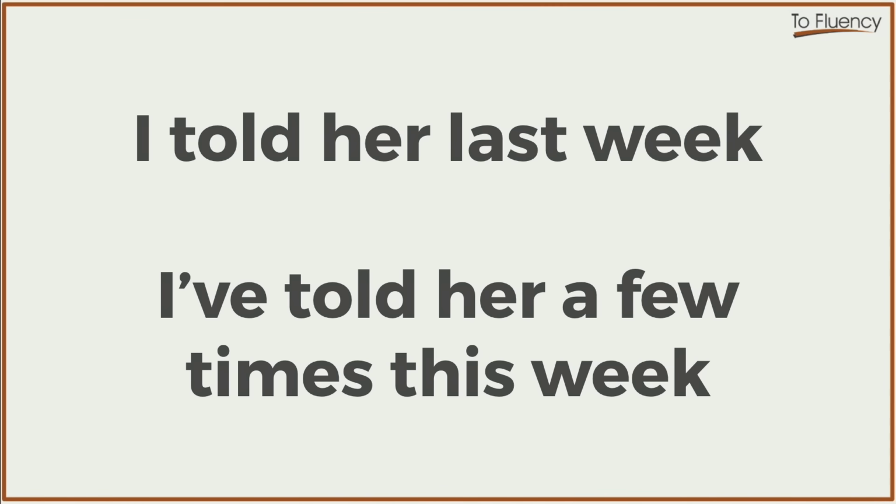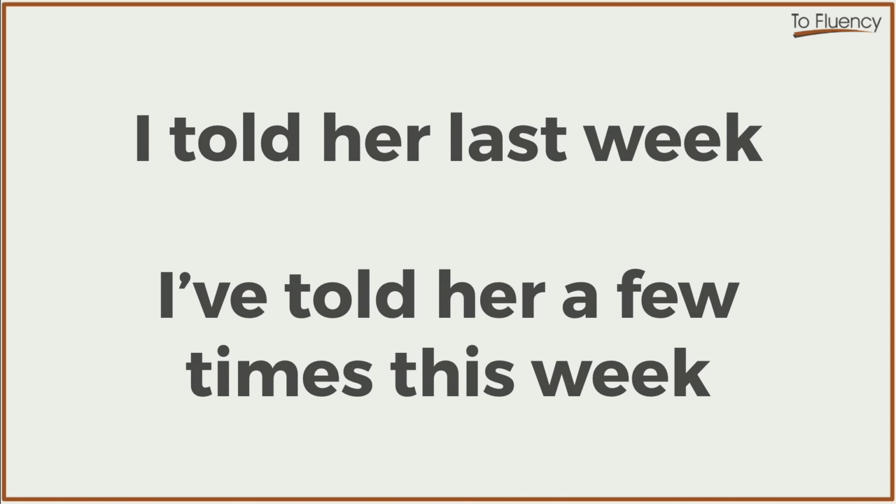But look at what you can do to change these sentences into the present perfect. The first one, I told her last week, can be changed to, I've told her a few times this week. Obviously, these are two different sentences meaning two different things, but you'll notice how the time expression changes according to the tense.